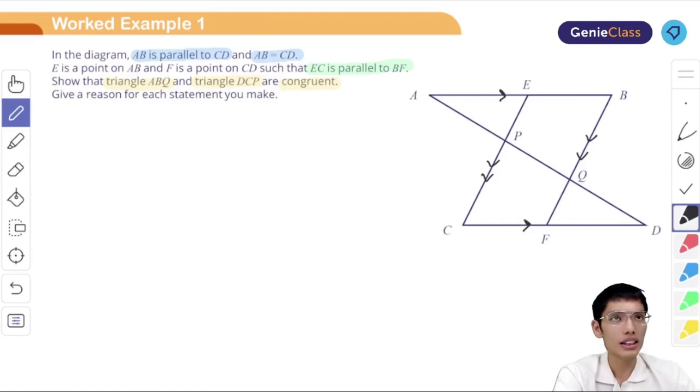What is a particular test? Just shoot it out in your mind, because this one requires some steps. What is a particular test that comes to your mind when you have such a diagram and all this information given to you? Take note, it's congruent.